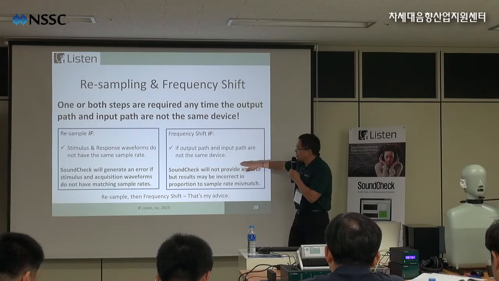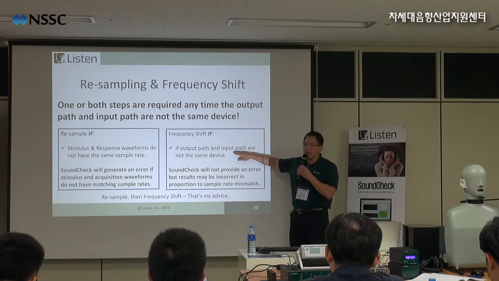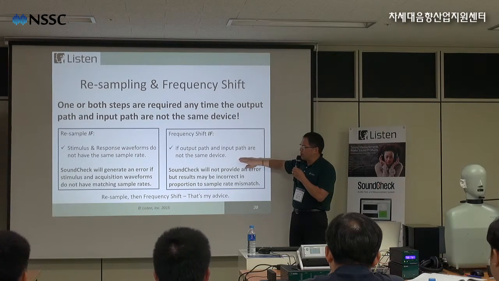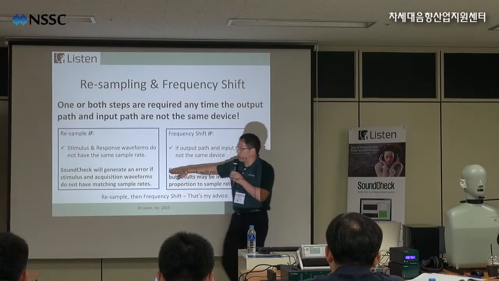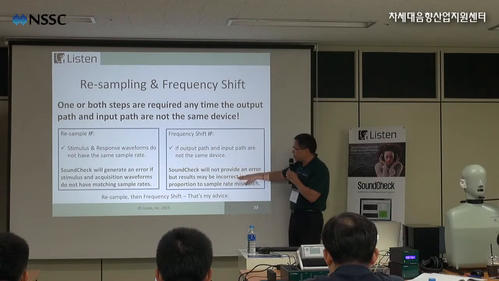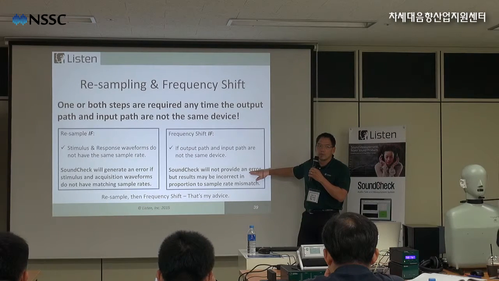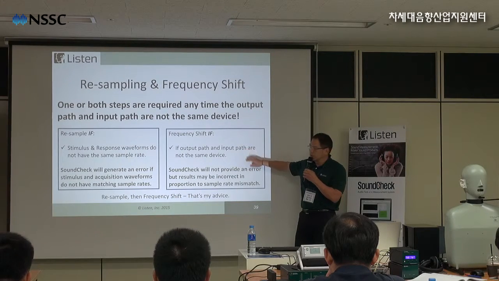This one is a little harder. Even though they're the same sampling rate, they have different clock crystals, so the sampling rate will be different by a little bit. Not here, this is a lot. This is just a little bit. So SoundCheck will not give you an error when it's not the same device but the same sampling rate.